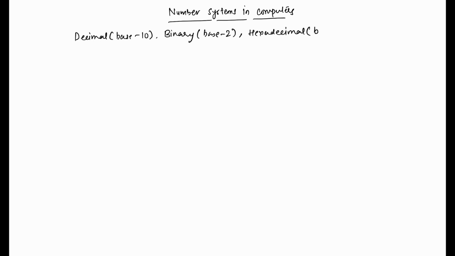Its base is 16. And then we have the octal number system. Its base is 8. Here the B means base; I have written a short form. So we have 4 number systems: decimal, binary, hexadecimal and octal.